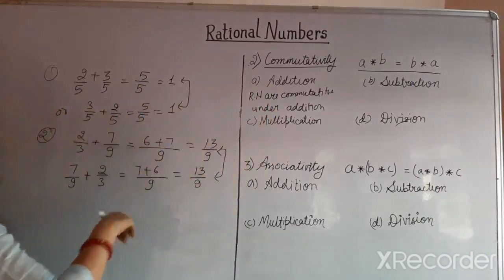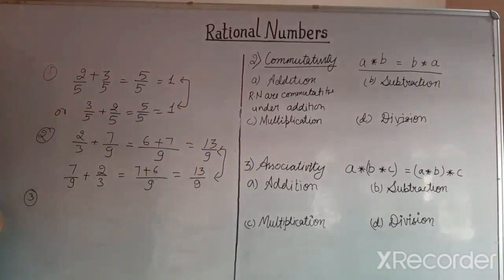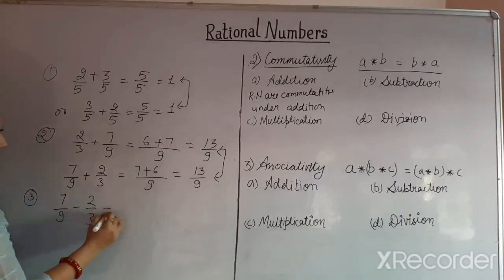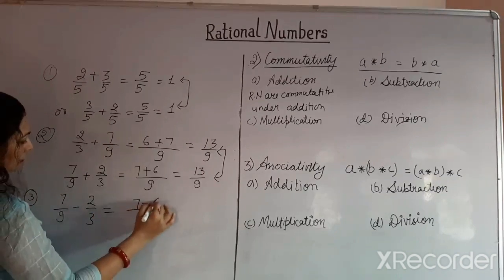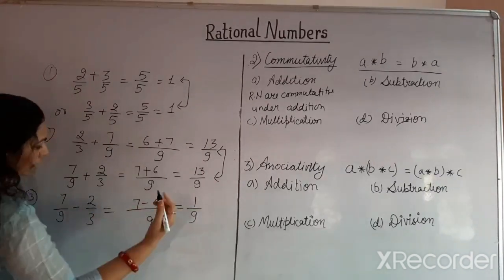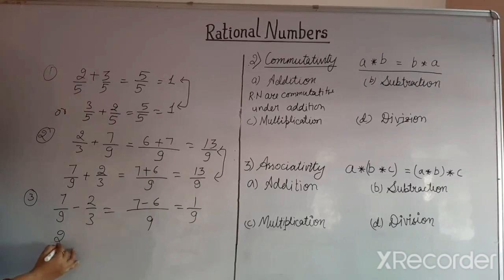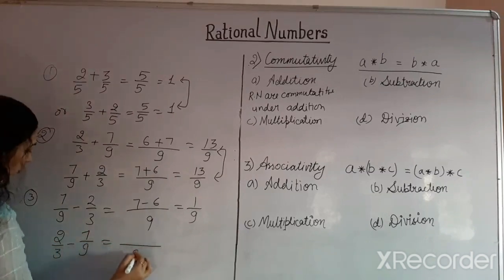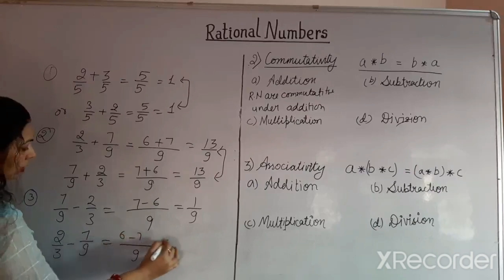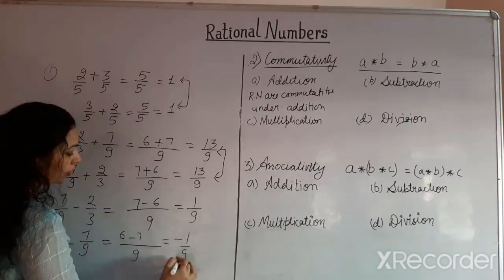Now let's take the example of subtraction. Taking the same example, 7 by 9 minus 2 by 3, the answer is 1 upon 9. If we subtract 7 by 9 from 2 by 3, the answer would be minus 1 upon 9.